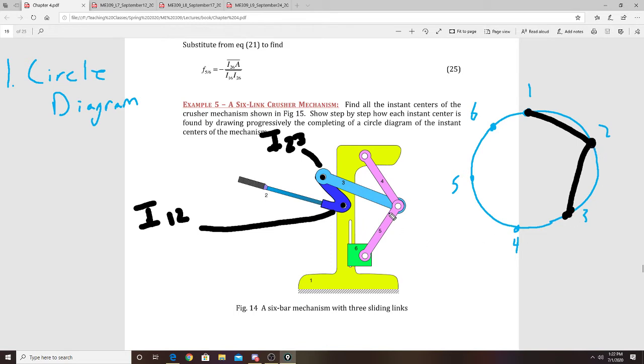All right, and now, what's another one we can find? So let's try I34. So where is the connection of link 3 and link 4? It is right here at this revolute, because this blue is intersecting with this one right there. So that is I34. So I34 goes there.